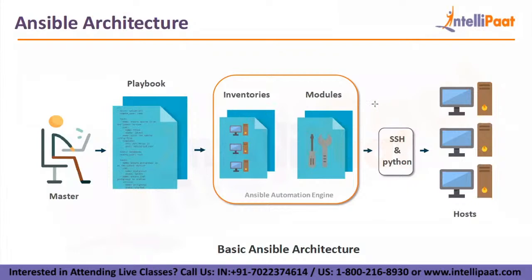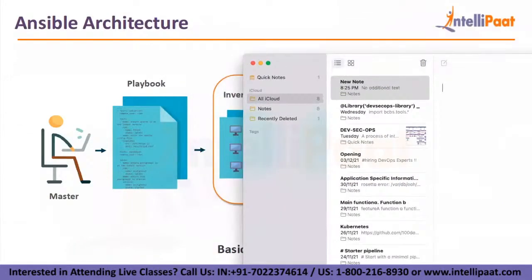Modules are nothing but pieces of code using which you are automating the process of installation. Those modules we specify in the playbook. For example, I want to create a user. To create a user, my module name is user. To install a package, my module name is package.